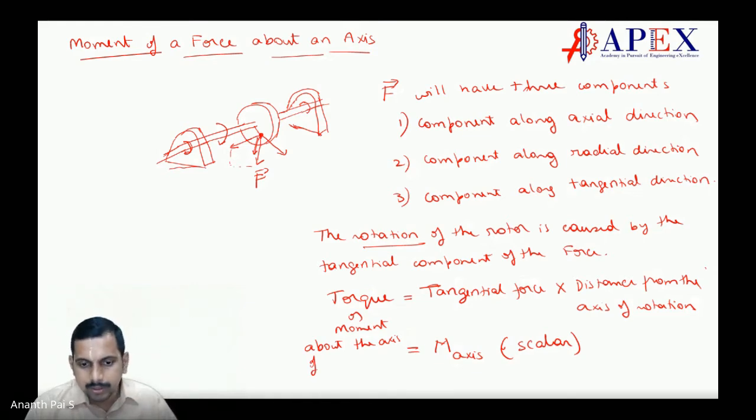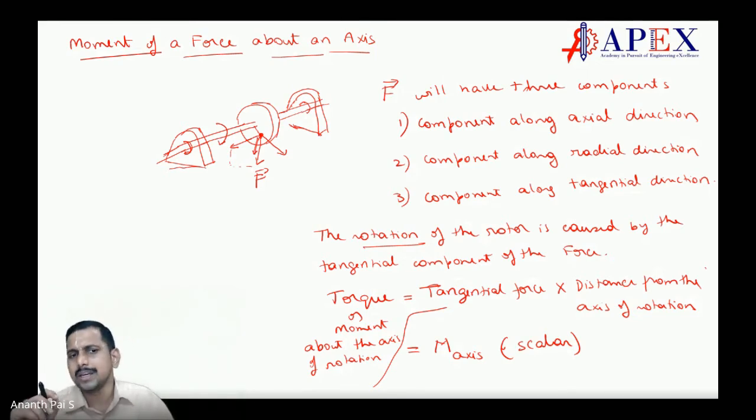So torque about the axis of rotation is a scalar. Important. Making sense? Torque or moment about an axis of rotation is a scalar, which is M axis. Make sense, students? Write this down. We will go further into it. How this becomes scalar and what is the relation to the vector moment or vector torque, we will see in a moment.